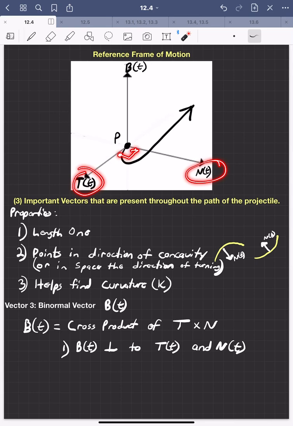But this is actually only the case when you're dealing with a projectile with constant speed throughout its path. If you're dealing with variable speeds, right, if this projectile is speeding up and slowing down, that won't be the case.